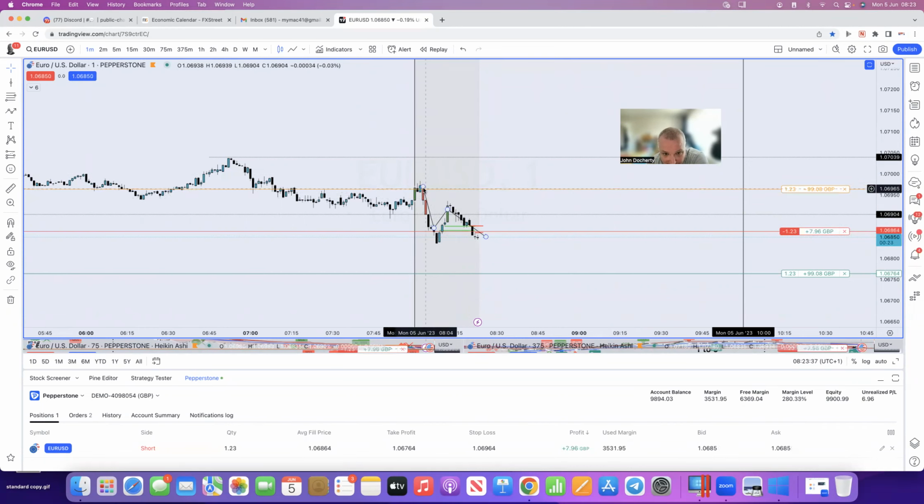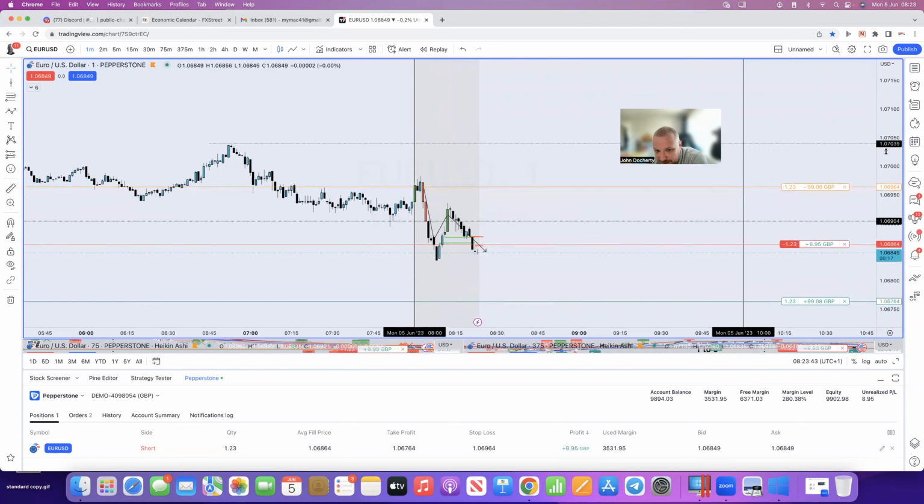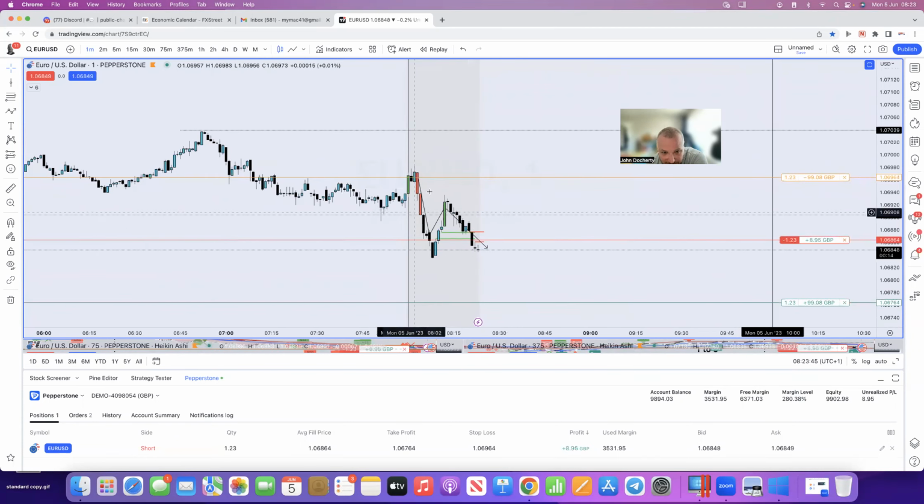As you can see on here, we've had bearish engulfing. On here, we've had bullish engulfing. All that means is the candle has engulfed price action to its left. You can see on here, these candles here, this has engulfed the entire candle and so gives us a confirmation candle.